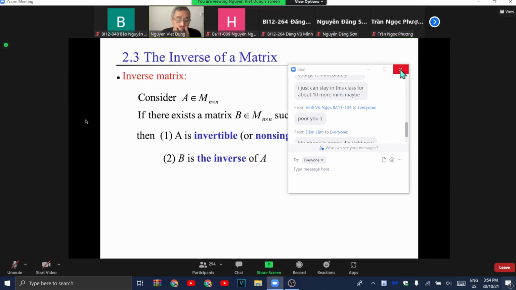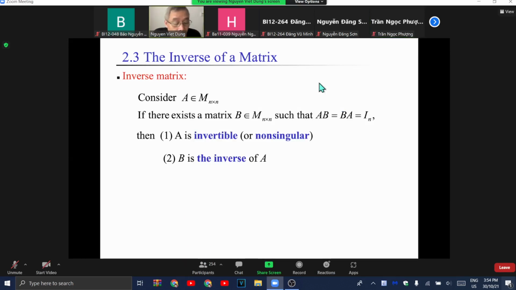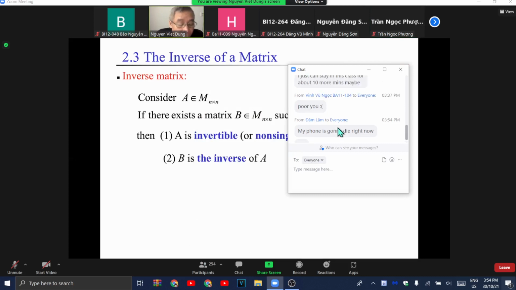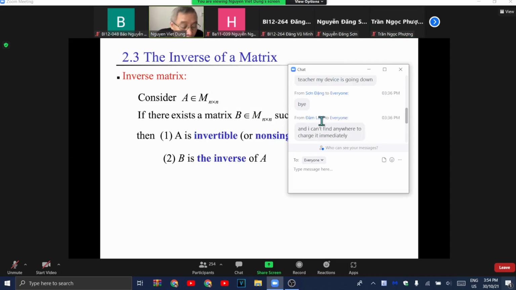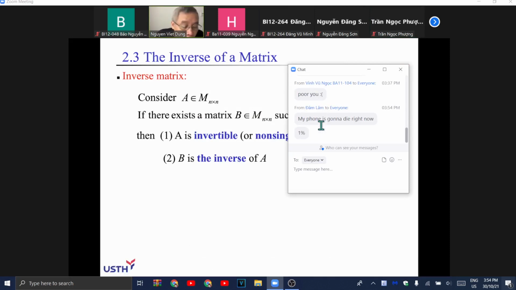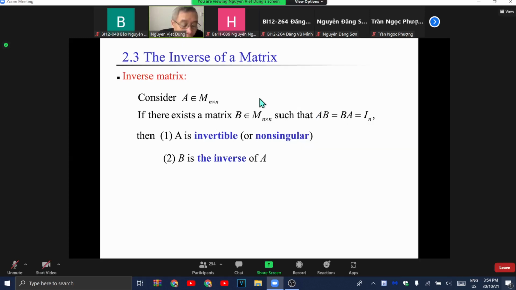Anyway, we continue. Just before the break, I told you one thing, that is invertible matrix, but without definition. So now we are going to define it. The inverse of a matrix. Now we consider a square matrix A of order n.